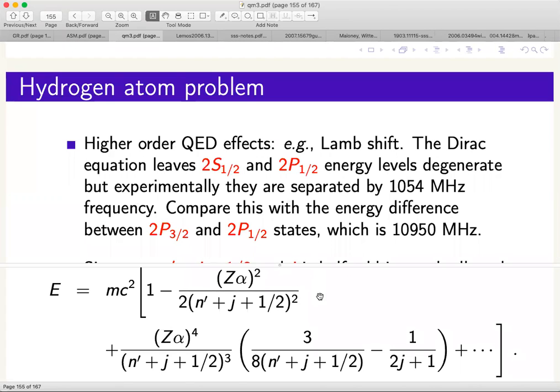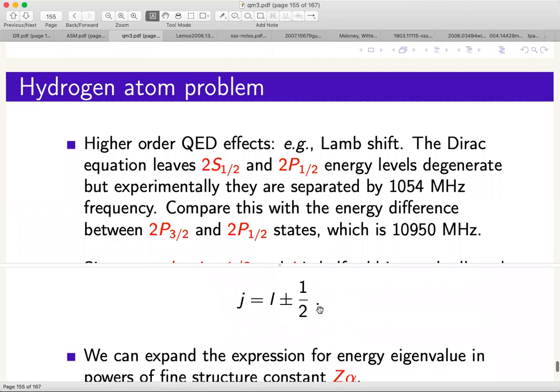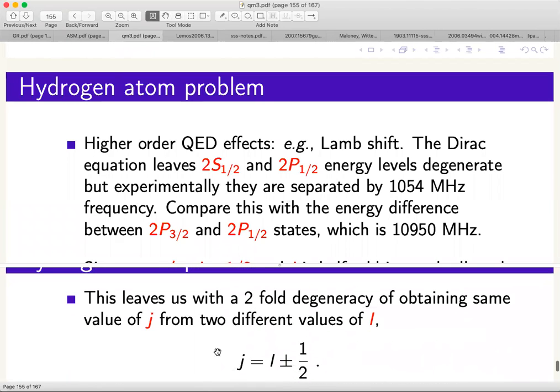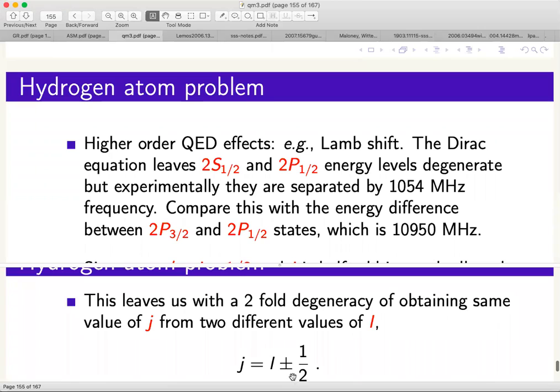Remember, we had said some time ago that states with the same J values but different L values are degenerate.